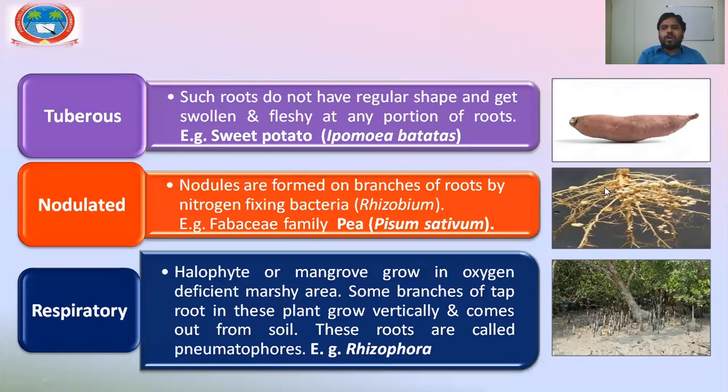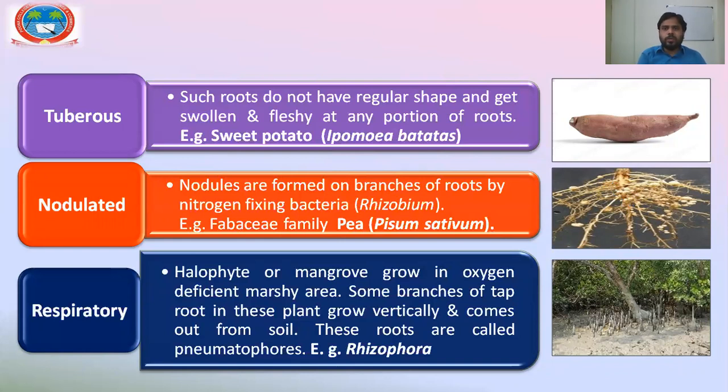Now, the roots of these plants have some nodule-like structures. A root bearing such nodular structures is called a nodulated root.